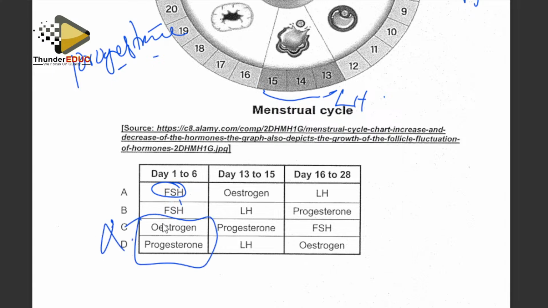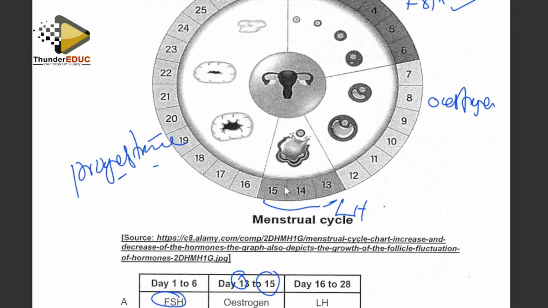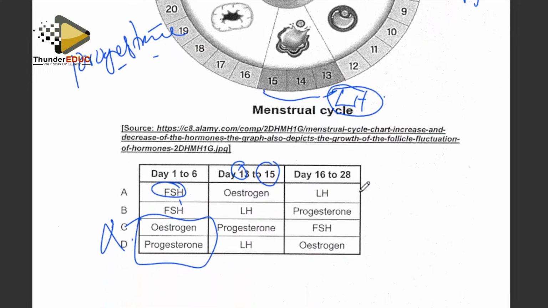Then from day 13 to day 15, let me go and check what is being produced. What is being produced is LH. So we had our answer either this or this. Because 13 to 15 is LH, I have to look for LH. Meaning that now A is also out. Meaning that B becomes the most correct answer.